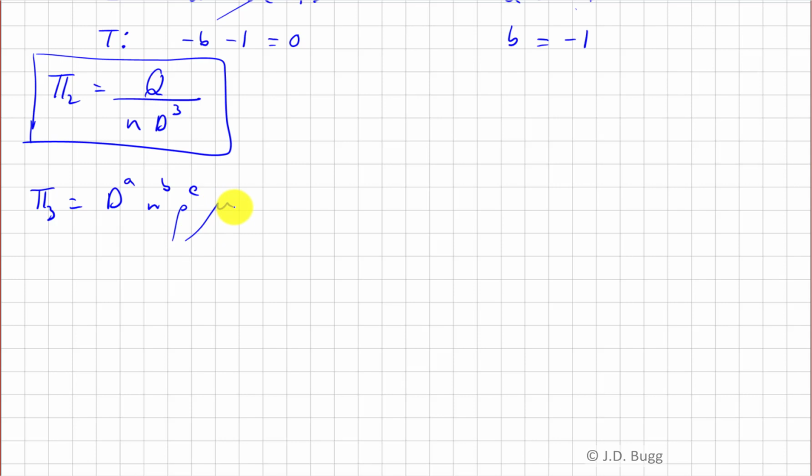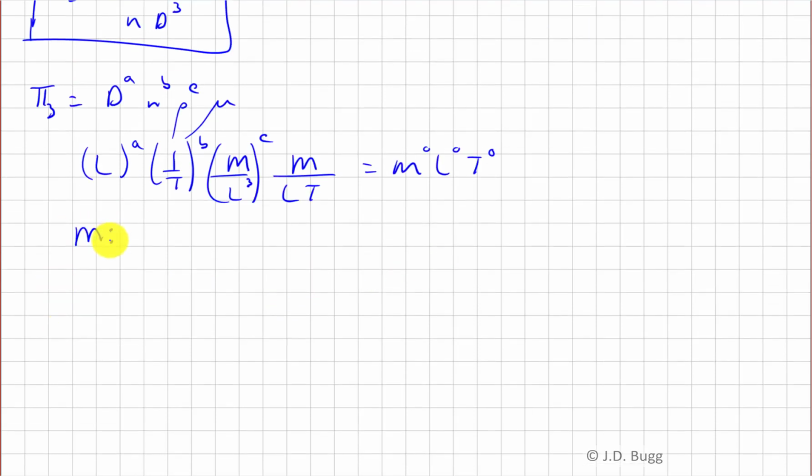And again, go and get the fundamental dimensions of these. And viscosity is M over L T. Mass: c plus 1 equals 0. So c is equal to negative 1. So notice there's no mass, c there and a 1 there. L, we get a for this L, no L there, minus 3c, notice that's the same, and 1 L in the denominator, minus 1 equals 0.